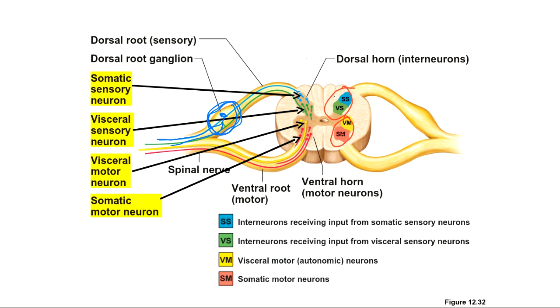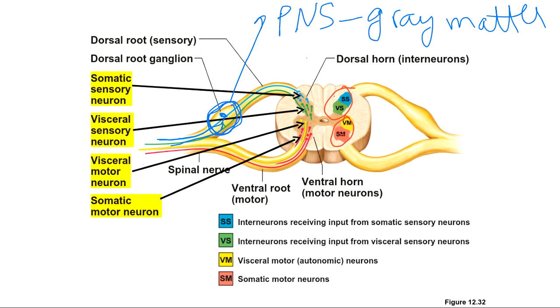And any place in the PNS where we find gray matter, which is made of bodies of neurons, we call that a ganglia. So here's a ganglia right here. This ganglia is called the dorsal root ganglia.